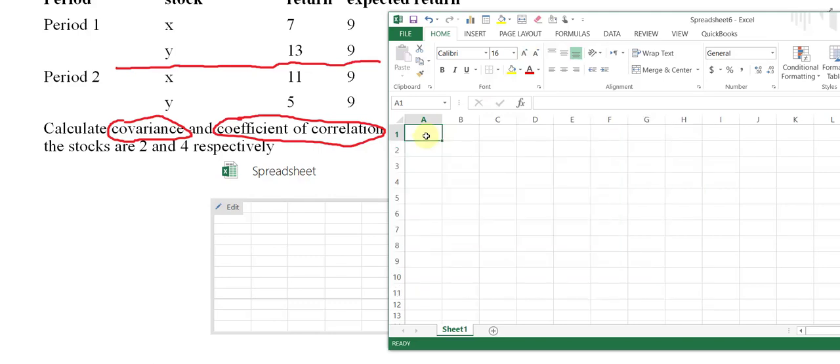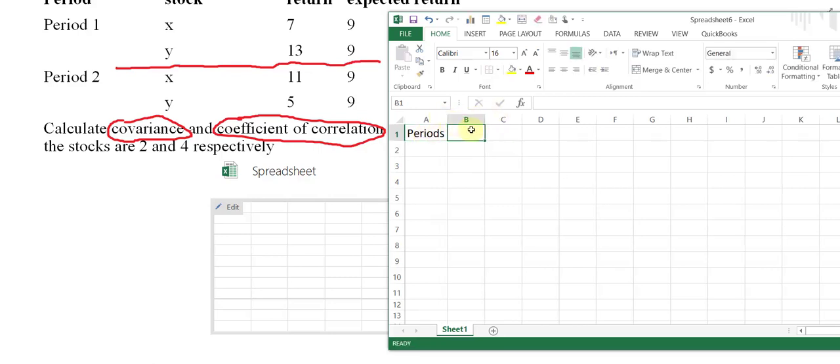First you have to mention the period. As I said before, we need 8 columns. First column for the period. Second column, make for Rx.